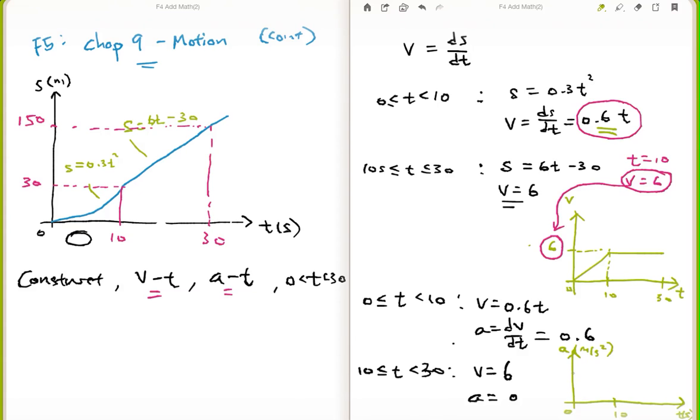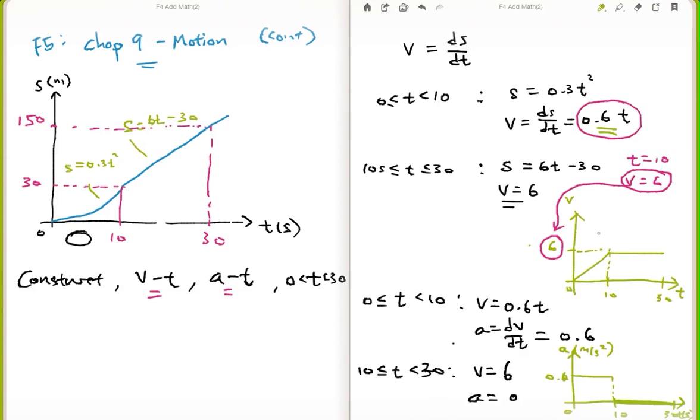Here, it doesn't really matter, I'm just sketching it, it doesn't need to be to scale. From 10 to 30, the value is 0, so it's here, 0. Okay, so this is the graph.